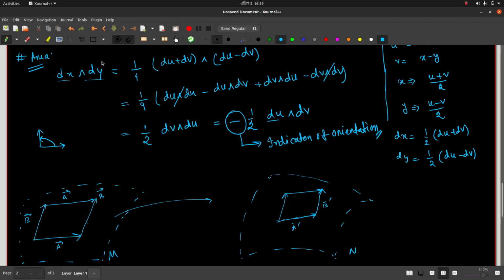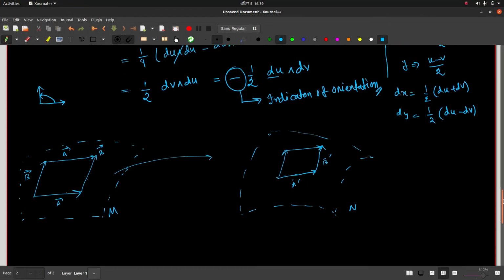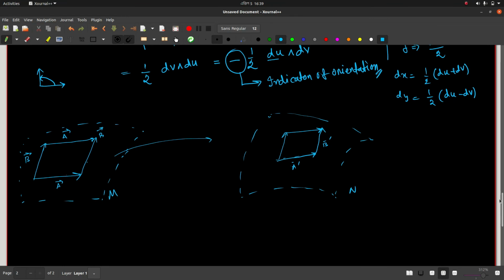So if we use our idea of the push forward of vectors, we can map these vectors from A to A prime, B to B prime, and we should be able to map this area. Let's call this area small a, and let's call this small a prime. We should be able to map this a to a prime, and let's see how that is done.